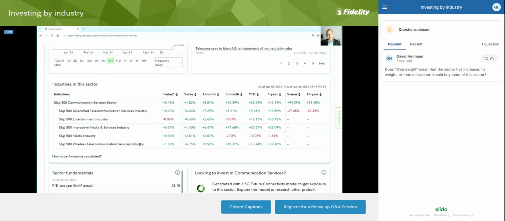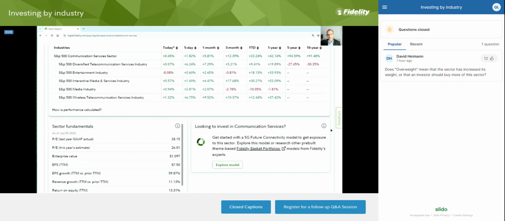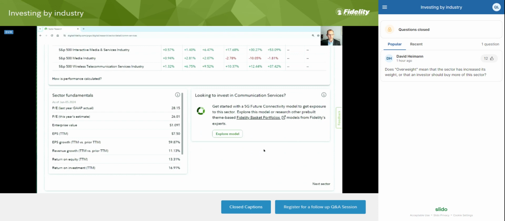Each of these an industry inside of that communication services. And just like we looked at on our performance table for the sectors, we see that the performance here could also vastly differ. Over the course of the last year, we've seen some as positive as 50% up and others negative. Let's continue to scroll down and see what else is inside of this sector total.